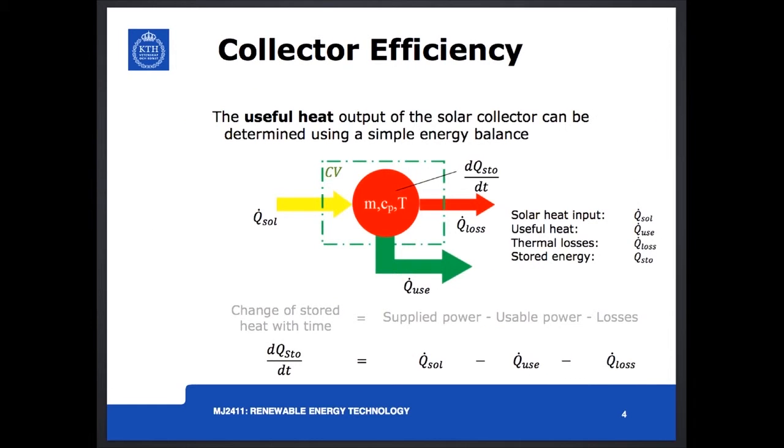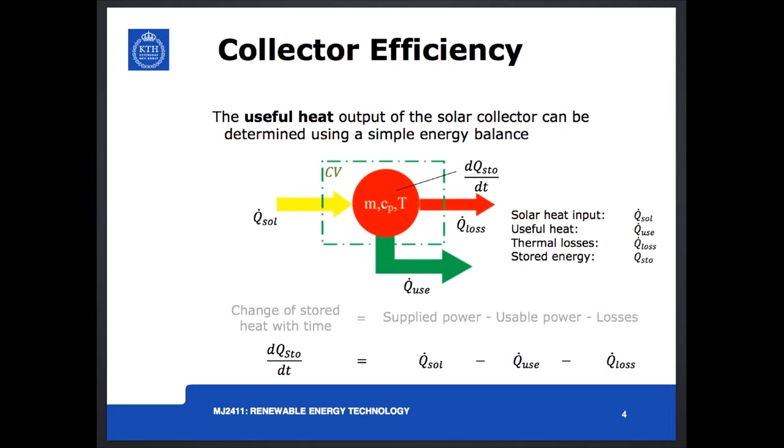In order to calculate now the collector efficiency, we're going to look at a control volume of the absorber itself. The absorber here is shown as a red dot with a mass, a specific heat capacity Cp, and its temperature.